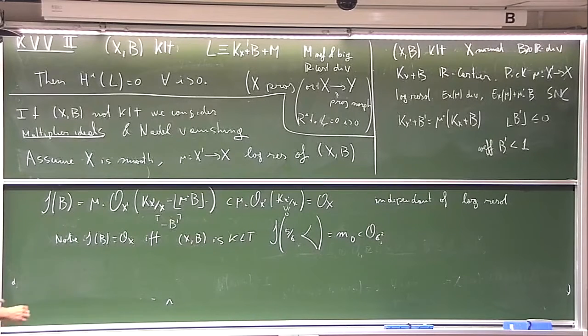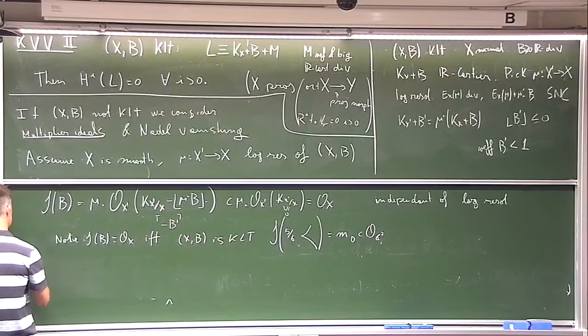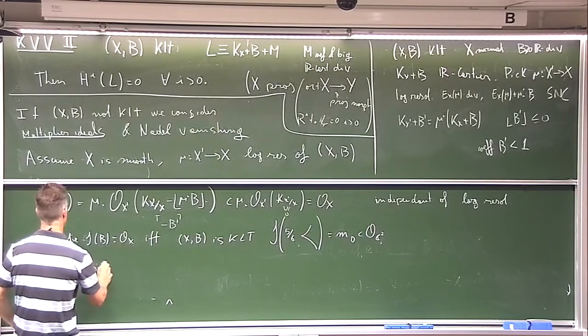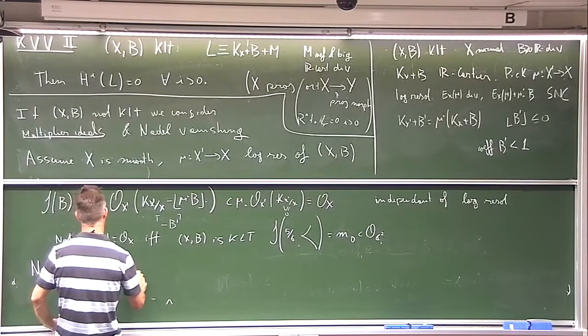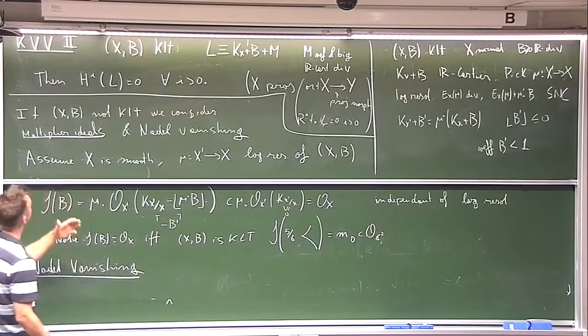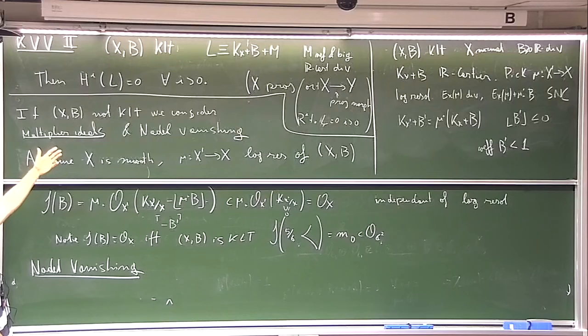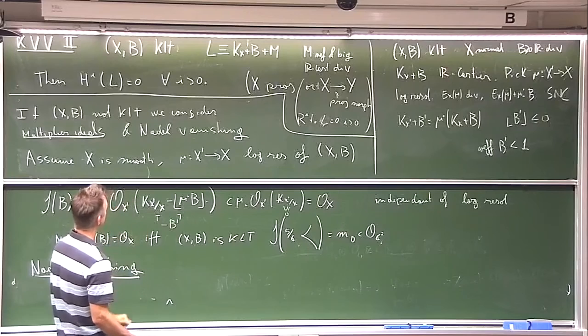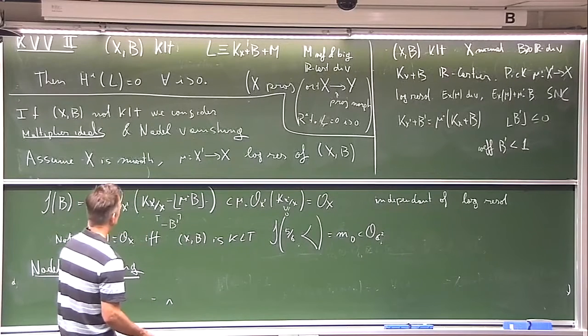And then you have the following Nadel vanishing. So Nadel vanishing, we're going to pretty much take the hypothesis of Kawamata-Viehweg vanishing, and we're going to throw away the property that (X, B) is KLT. So I'll just rewrite it in a slightly different form.